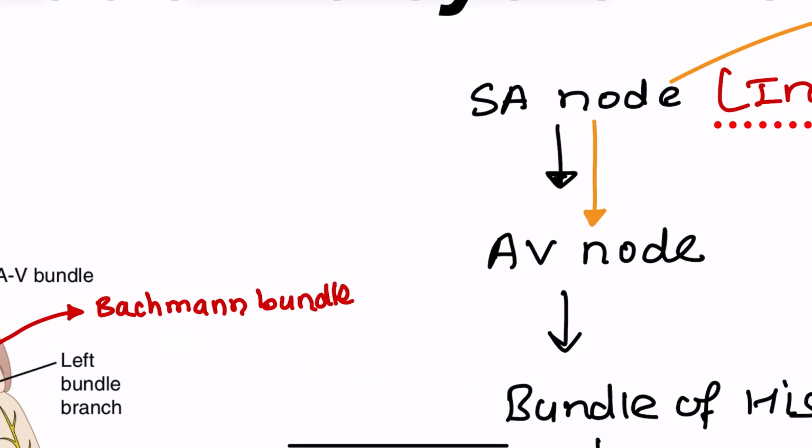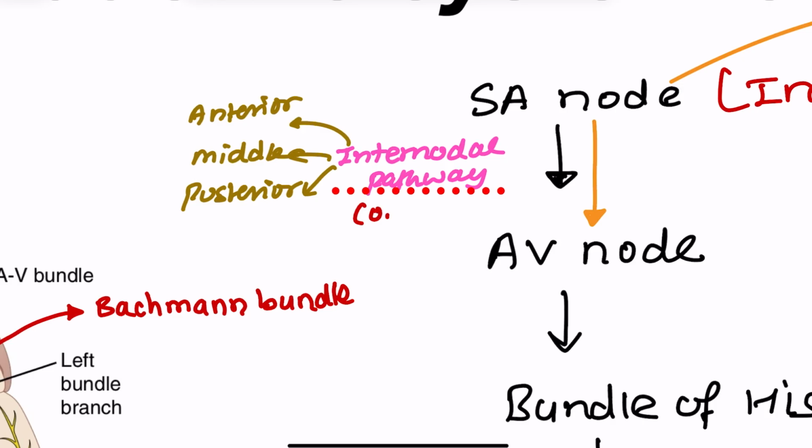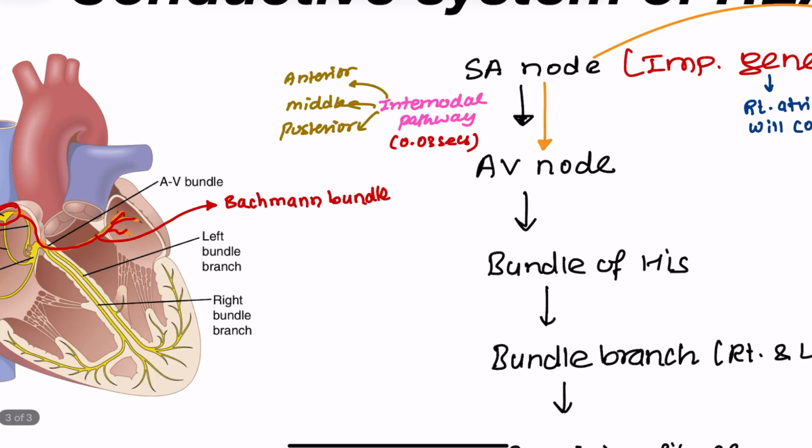From SA node to AV node, there will be the internodal pathways, which are anterior, middle, and posterior, and it takes around 0.03 seconds. Now the impulse has reached the AV node.